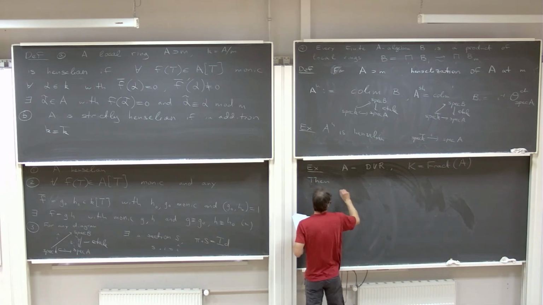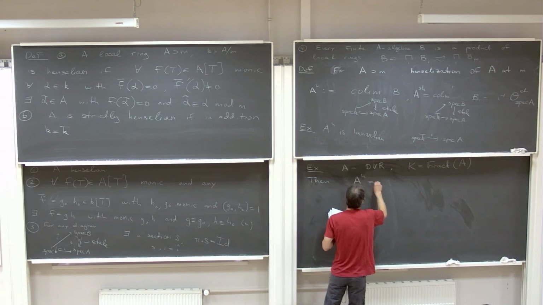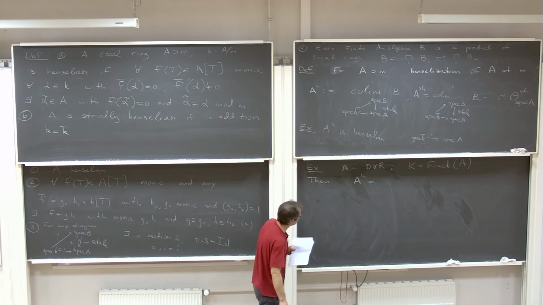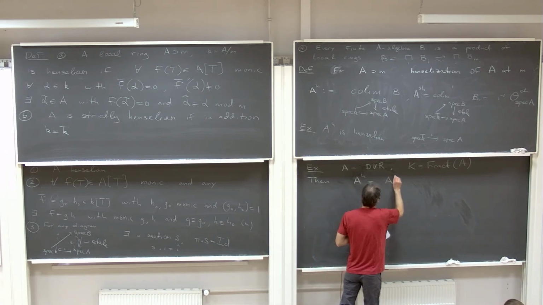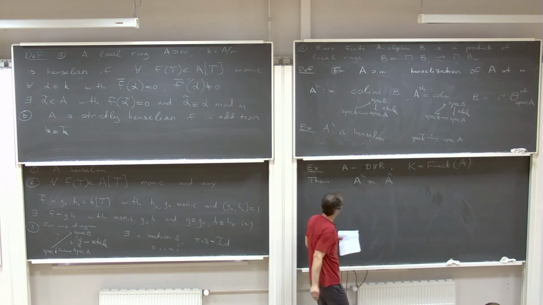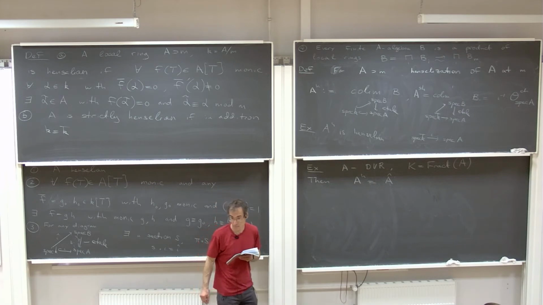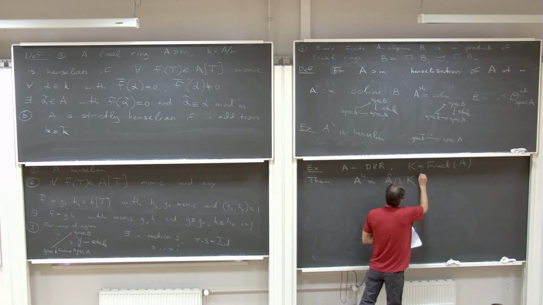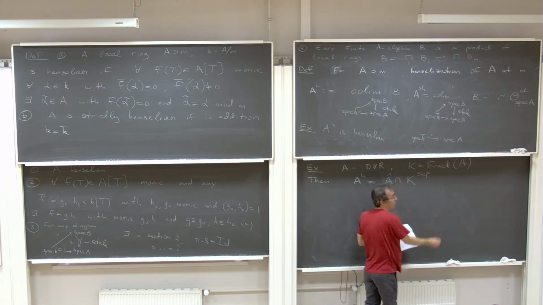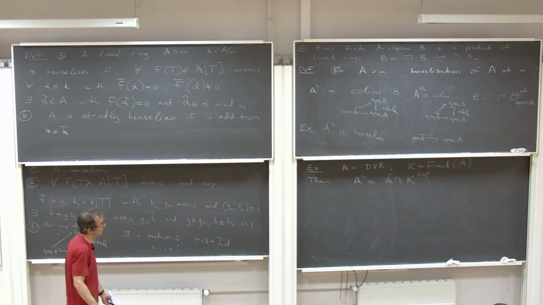I claim that the Henselization can be obtained as follows. You take the completion of A, and you take elements in the completion which are algebraic over K. Sorry, not even algebraic, separable over K. So the intersection is separable. Right?